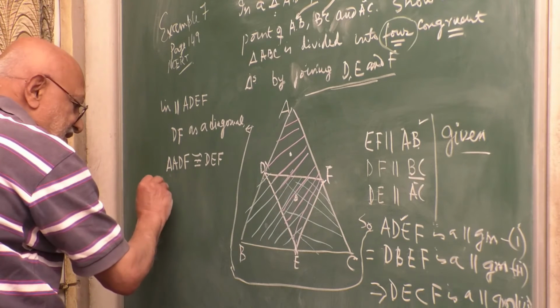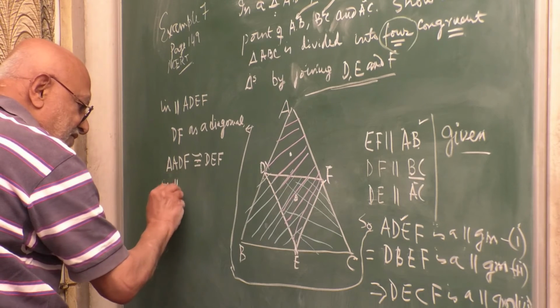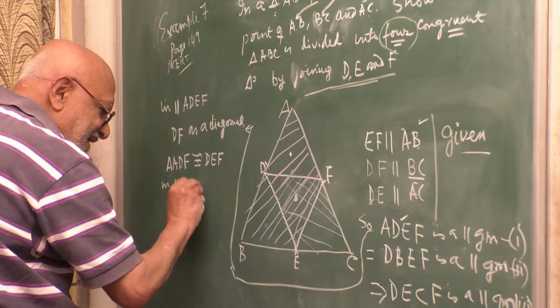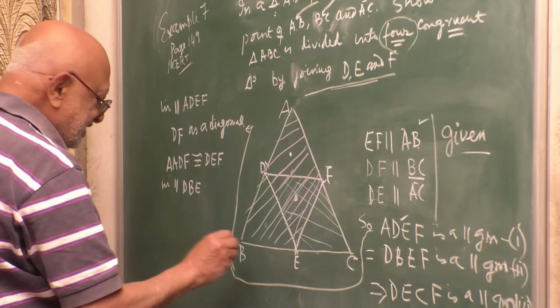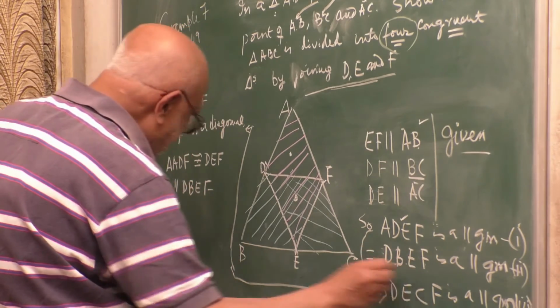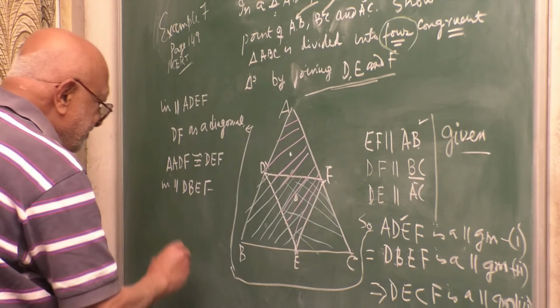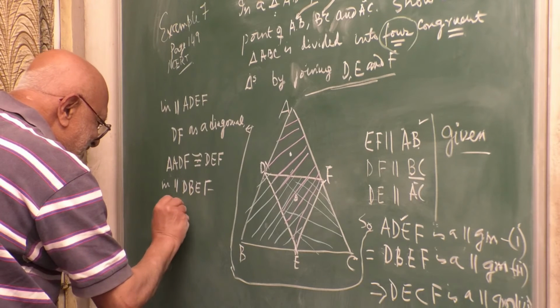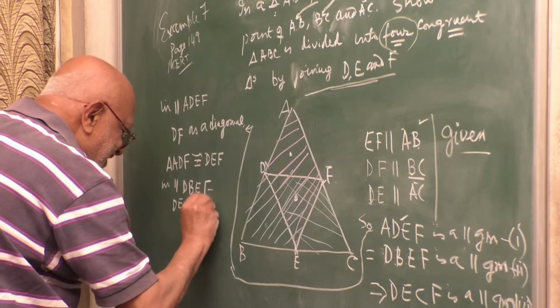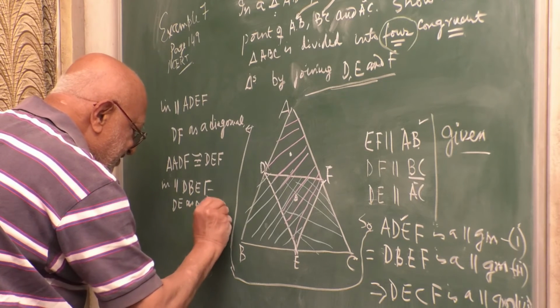So in parallelogram DBEF, you have DE as a diagonal.